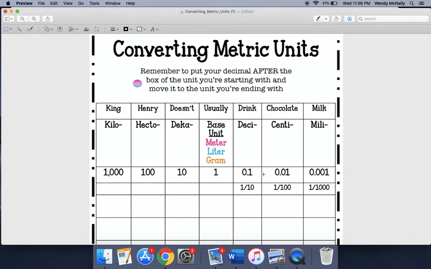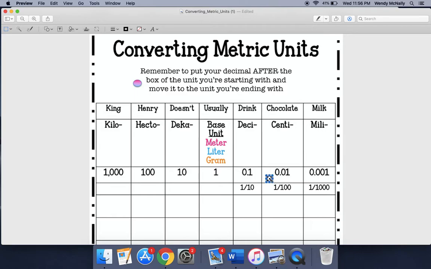So if you have a fraction of a whole number, not an entire whole number, that's going to go after the decimal. So what I'm actually going to do is insert a little circle to act like our decimal point.